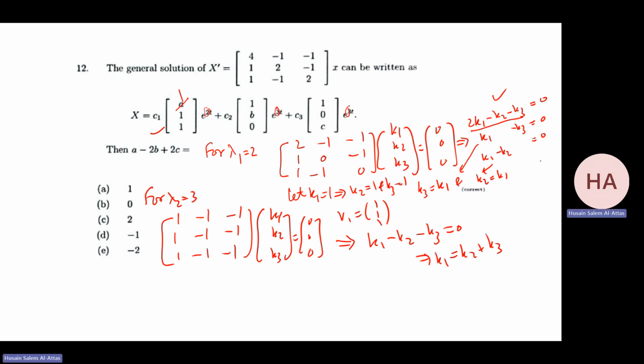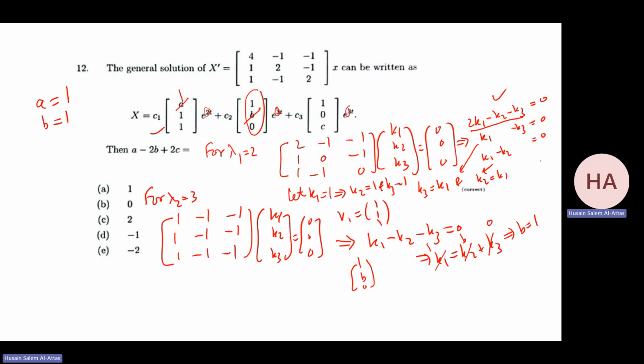Now I need K2 in this case. K1 is 1, K2 is B, K3 is 0, so B equals 1.